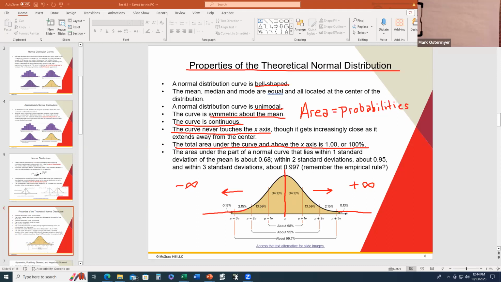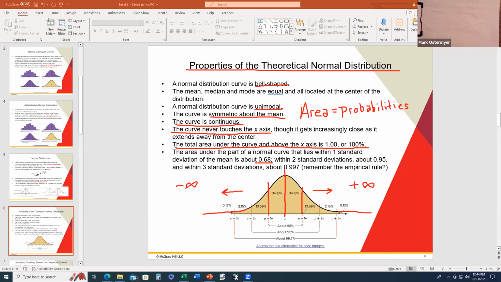Now, the area under the part of the normal curve that lies within one standard deviation of the mean is about 68% of the entire area, in accordance with the empirical rule. Do you remember what the empirical rule said that we investigated in the past when looking at measures of dispersion?